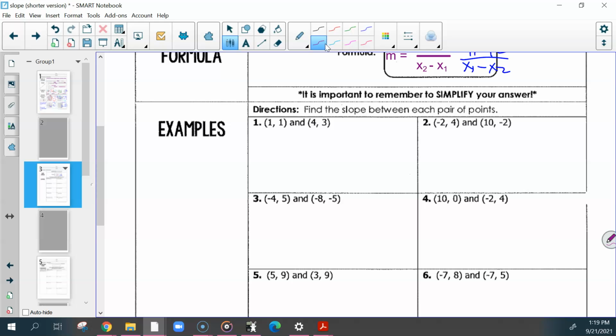Let's do a couple examples together. When I find the slope, the easiest thing for me to do is to label the x's and the y's. Remember that these are ordered pairs, x, y. So I'm going to label the first one x1, y1, and then x2, y2.